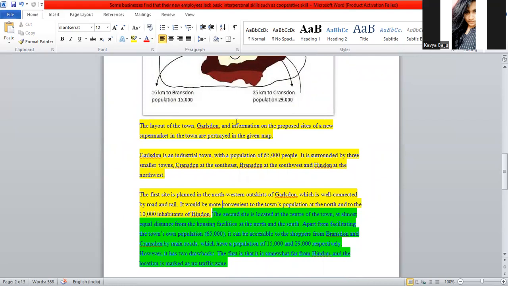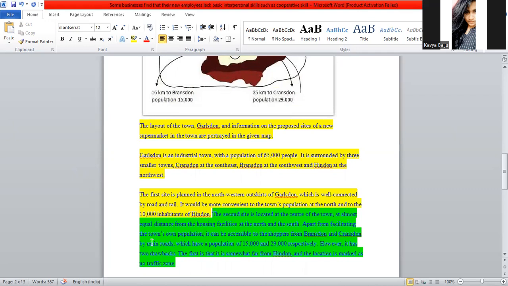Apart from facilitating the town's own population, it can be accessible to the shoppers from Branston and Cranston by main roads.